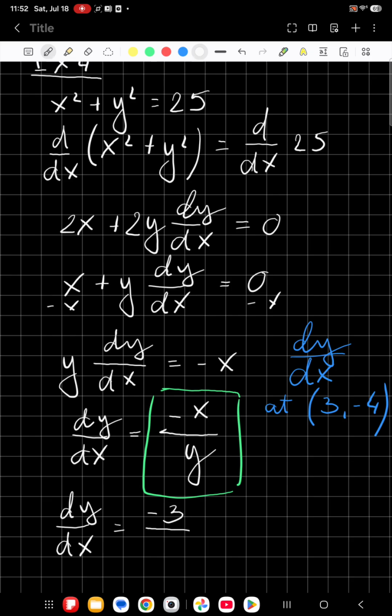What I'm doing is essentially plugging in. So 3 goes here, and negative 4 goes here. So we get 3/4.